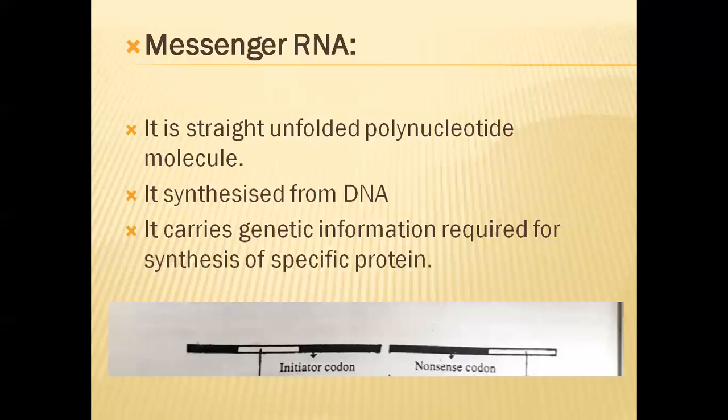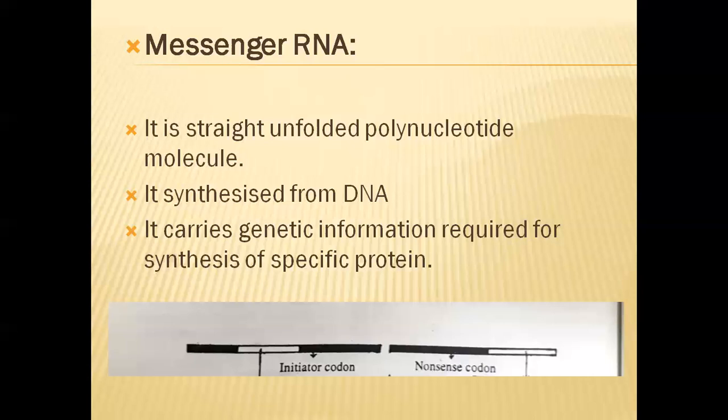This mRNA constitutes 5 to 10% of total cellular RNA, and it is highly unstable. The main function of mRNA is that it carries the genetic information synthesized from DNA in the form of triplet codons.